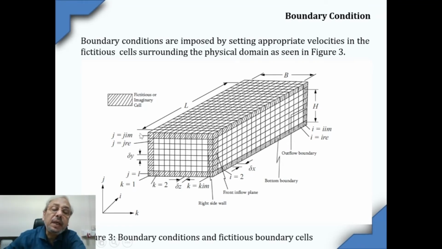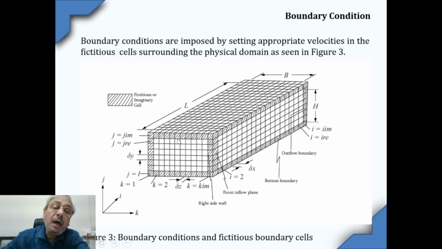So what we can see in the figure is that on each side we have fictitious cells, and these fictitious cells participate in computation because we get our boundary defined by setting the velocity values in the fictitious cells in such a way that all the desirable conditions for impervious boundary or no slip boundary or free slip boundary are properly described with the help of fictitious cells.